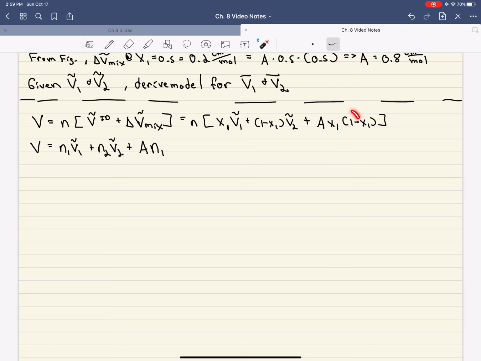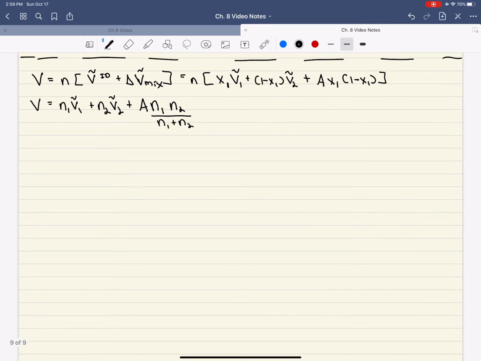But for this x2 here, I could also describe it in terms of moles as well. So N2 over N1 plus N2, right, since that's the definition of a mole fraction. Okay, so here's just an equation based on our model for delta V mix. We can now write an equation for the total volume.